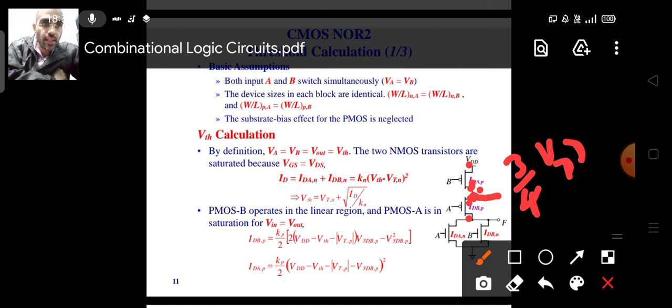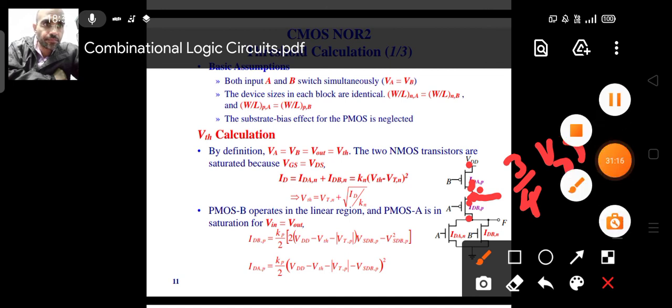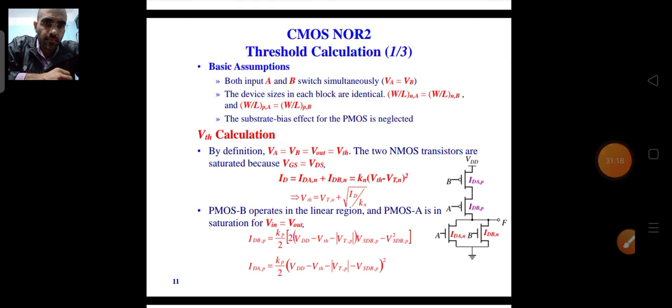So you see they are not equal, and as you can see, your PMOS operates in the linear region. The upper PMOS transistor, as we have discussed, operates in the linear region. Why? Because the drain to source voltage is less than the difference between the gate and source.